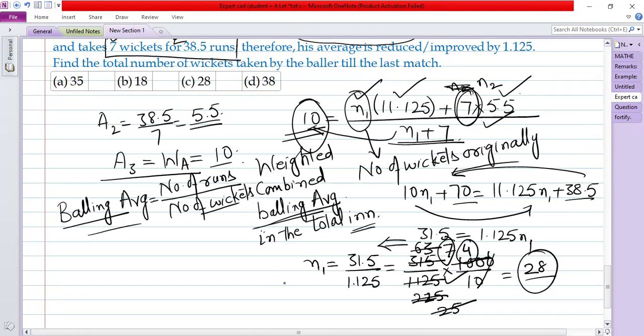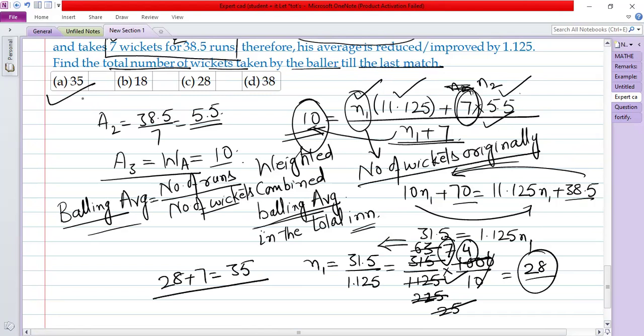So 28 number of wickets were taken originally. So 28 plus 7 becomes 35, means the total number of wickets taken by the bowler till the last match.